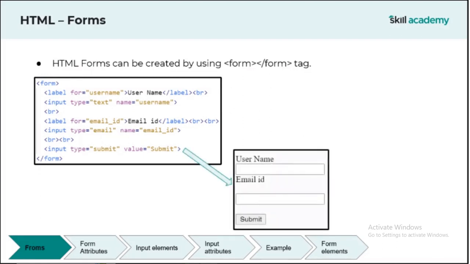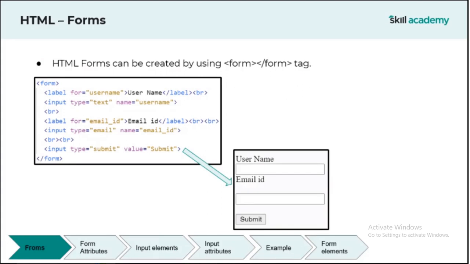So here you can see, in order to design this login page, we are going to use the form tag. यहाँ पर हम यूजर से यूजर नेम पूछेंगे, ईमेल आईडी रिसीव करेंगे और यहीं पर हम एक बटन बना रहे हैं और उस बटन पे हमने क्या टेक्स्ट लिखा हुआ है? सबमिट. So how we can create this form? Very easily with the help of the form tag we can create such things.